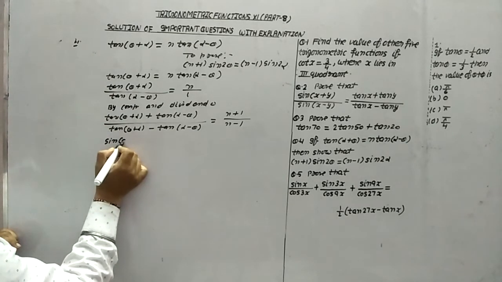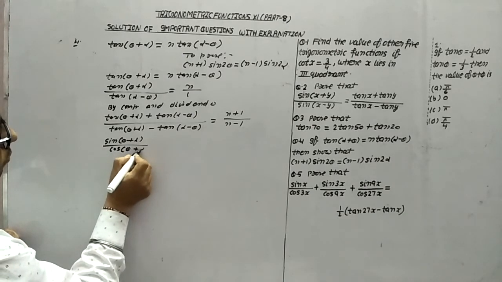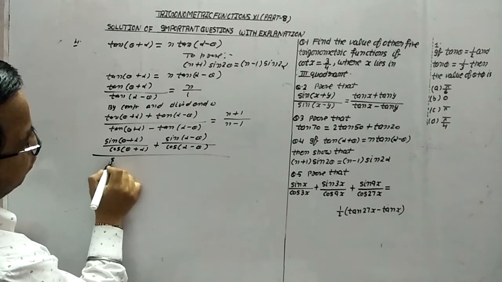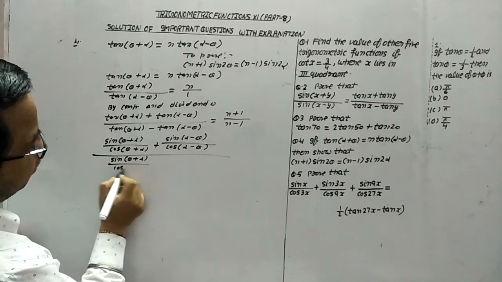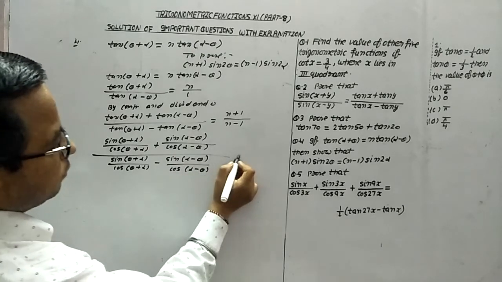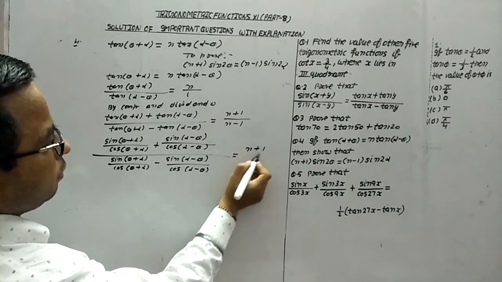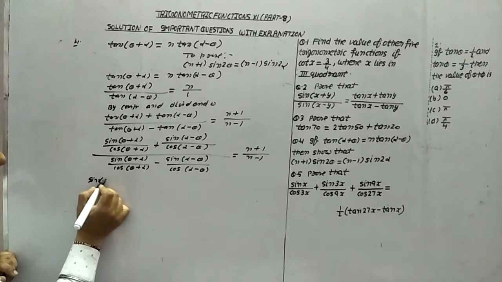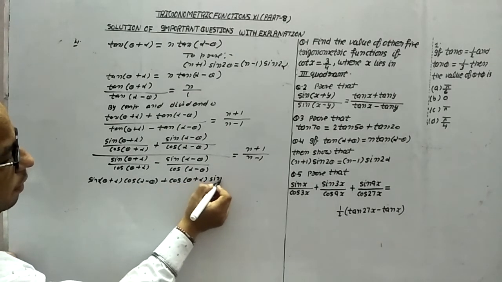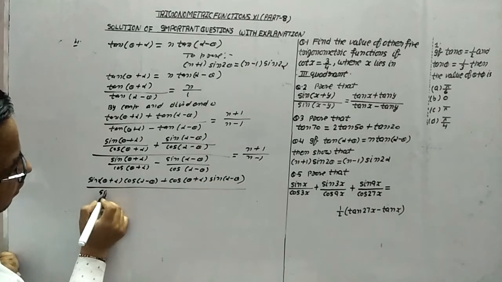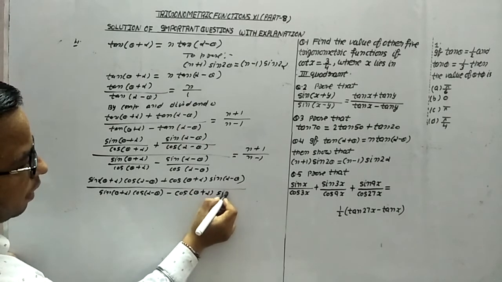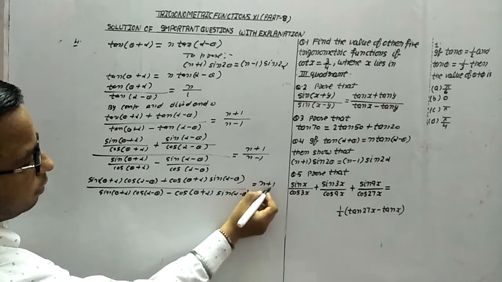So we write sine(theta plus alpha) upon cos(theta plus alpha) plus sine(alpha minus theta) upon cos(alpha minus theta), upon sine(theta plus alpha) upon cos(theta plus alpha) minus sine(alpha minus theta) upon cos(alpha minus theta), is equal to n plus 1 upon n minus 1. After taking LCM we get: sine(theta plus alpha) cos(alpha minus theta) plus cos(theta plus alpha) sine(alpha minus theta), upon sine(theta plus alpha) cos(alpha minus theta) minus cos(theta plus alpha) sine(alpha minus theta), is equal to n plus 1 upon n minus 1.